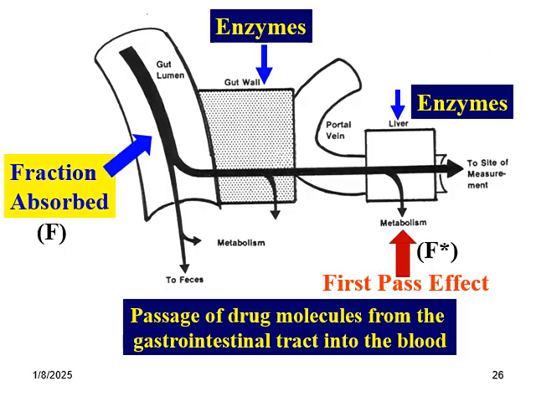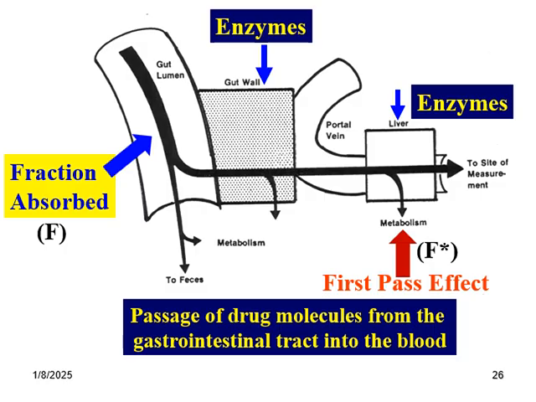Let's look at the drug absorbed to the blood. They will go through the portal vein, and then part of them will be metabolized by the enzymes in the liver. Then the rest will go to the site of measurement. We use F star for that. The metabolism by the enzymes in the liver, we call the first pass effect.